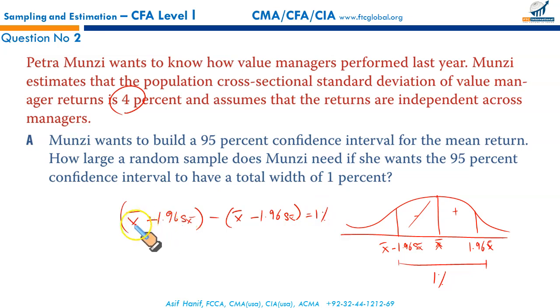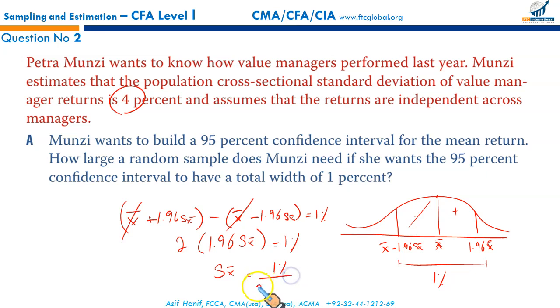Now if you simplify, the x̄ terms will be cancelled out. The negative sign will convert this 1.96 into positive. So you will have basically 2 times 1.96 times the standard deviation of the sample mean equal to 1%. Making it the subject, after the simplification you get 0.255%.